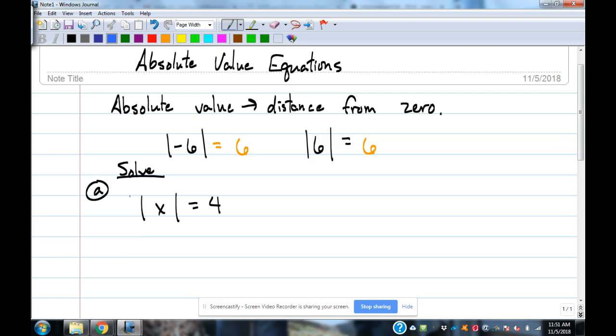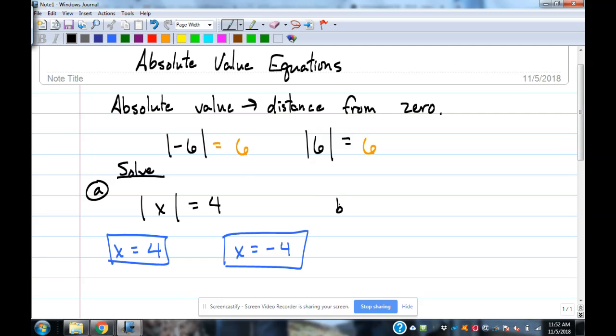So we could have 2 equations. The inside of the absolute value is x. It could be positive 4, but it also could be negative 4. Both of those numbers have a distance away from 0 of 4. This one's nice because is x by itself in both equations? Yeah, so we don't have to do any work for that one.